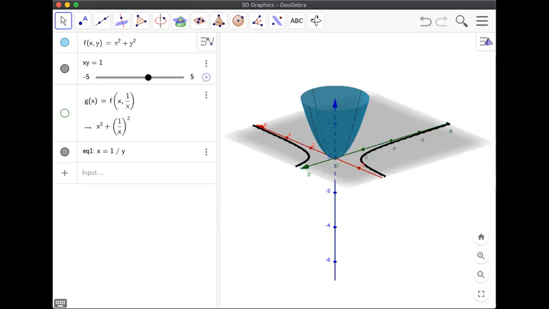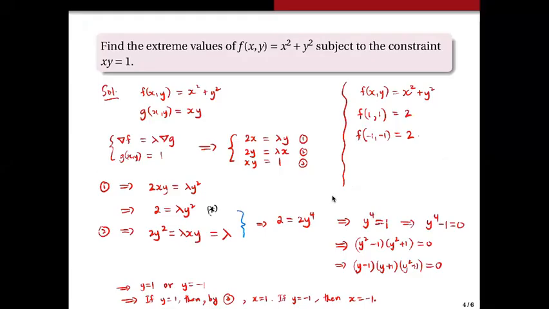Let me go back to this so I can show you what will happen. So we have the graph of your elliptic paraboloid. So you have this elliptic paraboloid here.